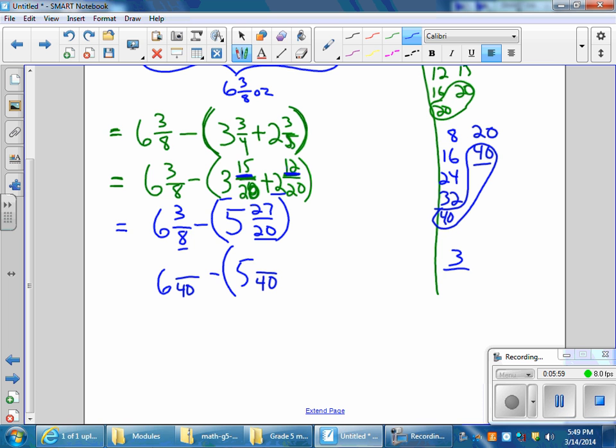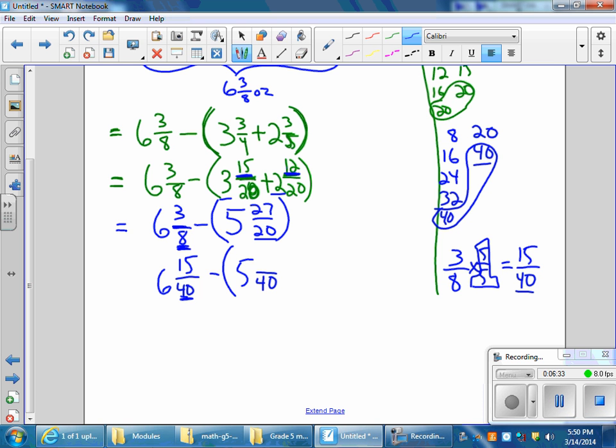If I have 3/8 times something equals something over 40, my magic number 1 in this case is going to be 5 over 5. 8 times 5 is 40. On my top numerator, 3 times 5 is 15. Some of you can move straight down and just see that you multiplied 5 times 8 to get 40.